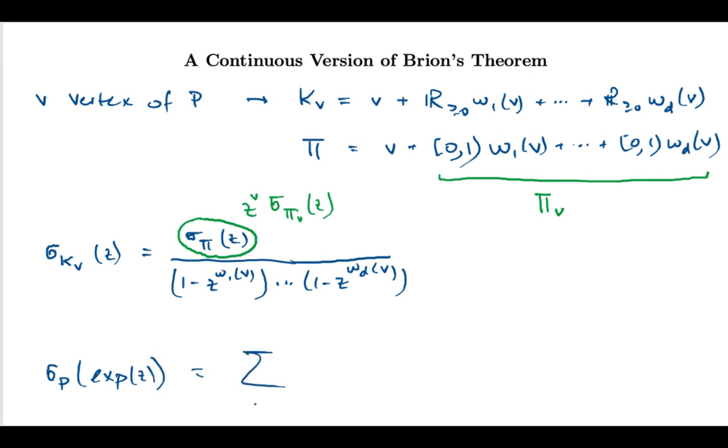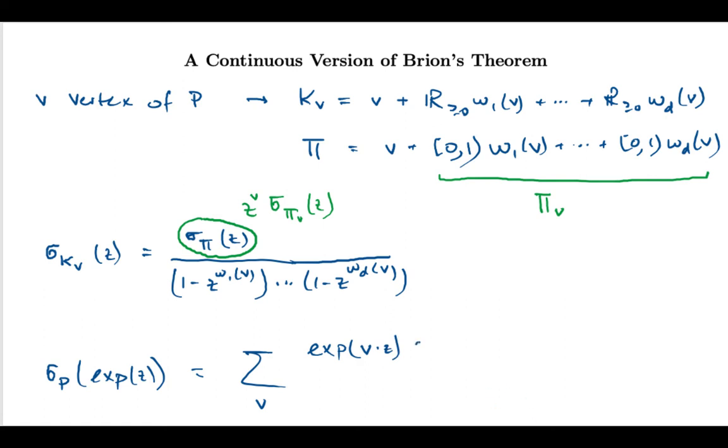Brion says that we have a sum over vertex cones, and we'll need to sum the integer point transforms of the vertex cones. If I write them in an exponential variable, what I will see here is my z to the v becomes an exponential variable in the dot product v dot z.